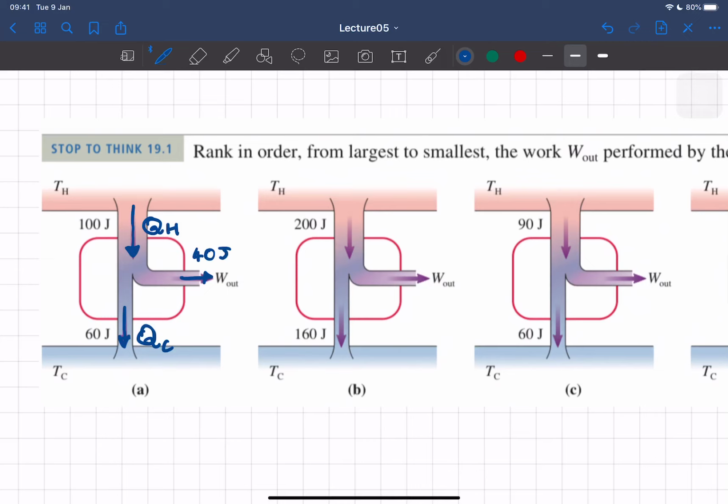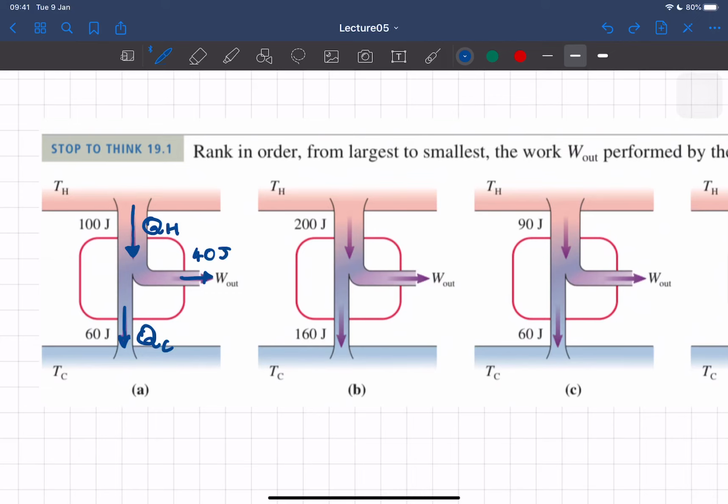You get 100, you throw away 60, you have 40 left, and then you can use that for work, right? So that's kind of nothing you can do much about that. It's not possible for this to be 50, because then you're going to gain more than you get. That's in violation of conservation of energy, right? So that's not good.